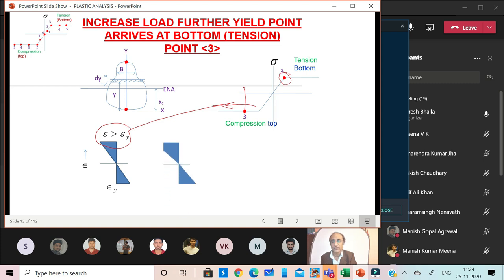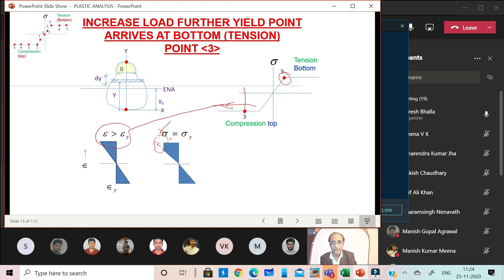So if we now draw the stress diagram, it will be something like this, because now we are exceeding the yield strain at top. Stress cannot exceed beyond this point, so it will not go linear like this, but it will just truncate here. So this part will not be there. All right.